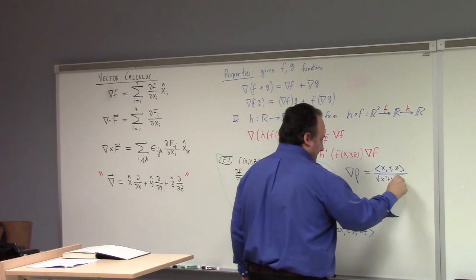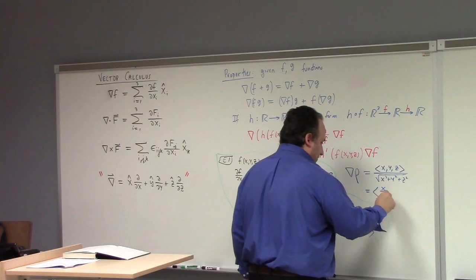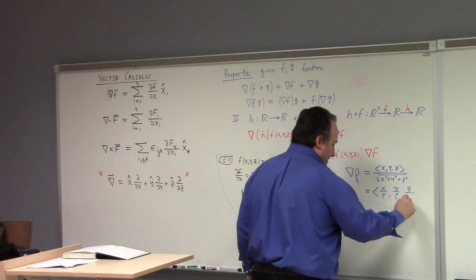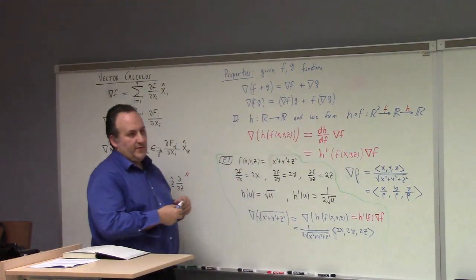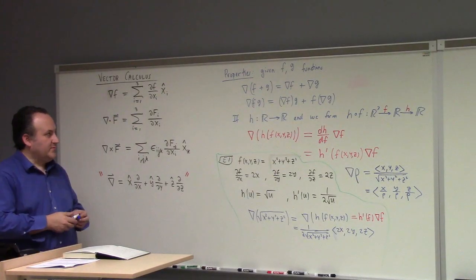Canceling the 2 out, you've got X over rho, Y over rho, Z over rho. Of course, that was also rho hat. So we've done this before. This is a brief review.